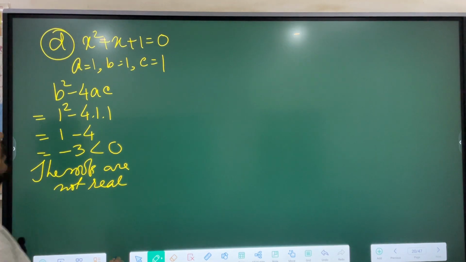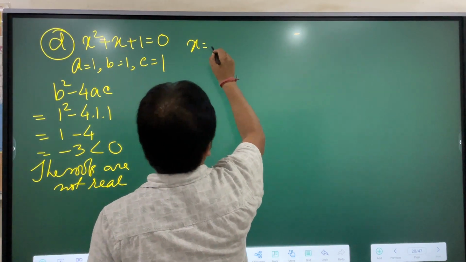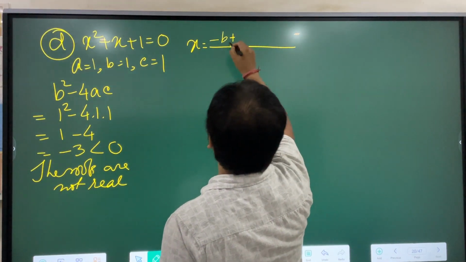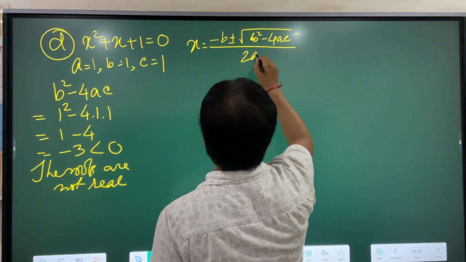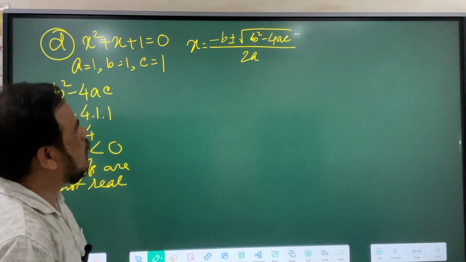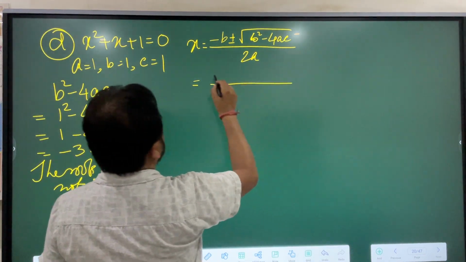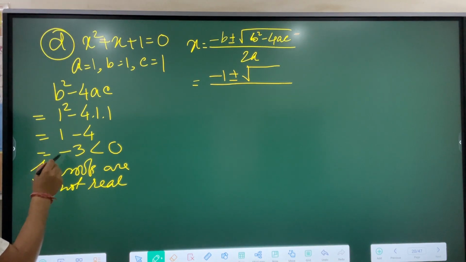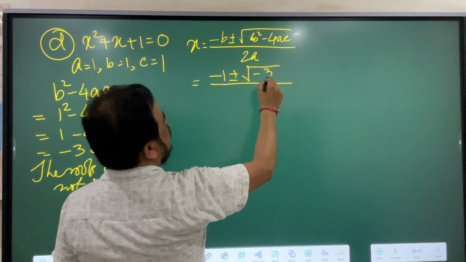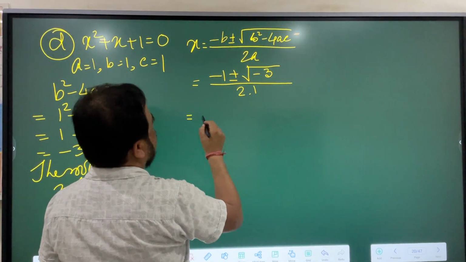Finish. Now we have to solve the equation. Minus b plus minus square root of b square minus 4ac by 2a. Minus b, minus 1 plus minus square root of minus 3, 2 into 1.